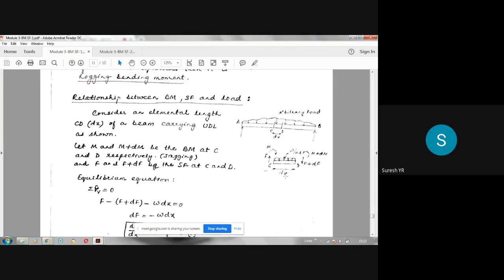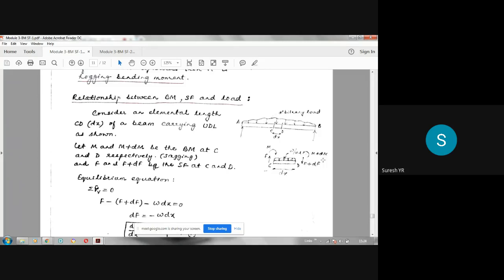So I have taken a small length dx. CD is the small length dx. W is the intensity of the load over the small length. And I will take F as the shear force at this end, and naturally the shear force at the other end will be F plus dF.